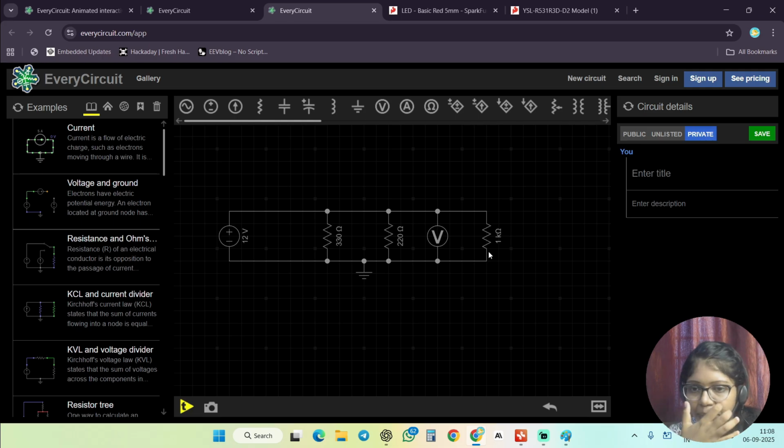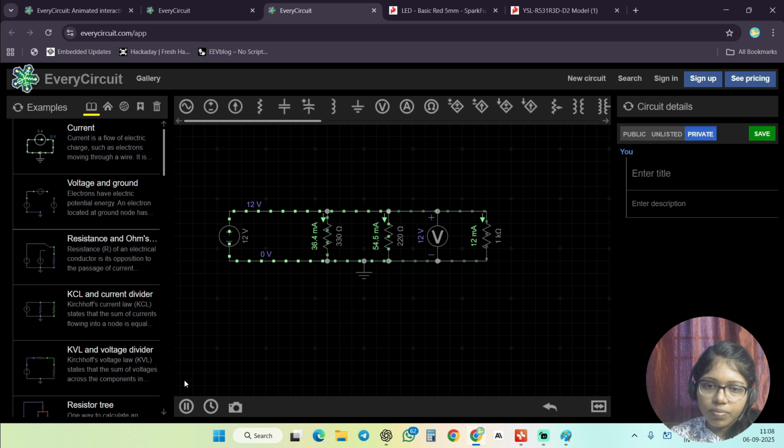Simply, I've made the connection like this. Now I'm going to run this. Yeah, it still remains the same, 12 volts, because it's just taking the two ends of the potential, because all are connected in the same node. It's just taking a potential from this one and a potential from this one.